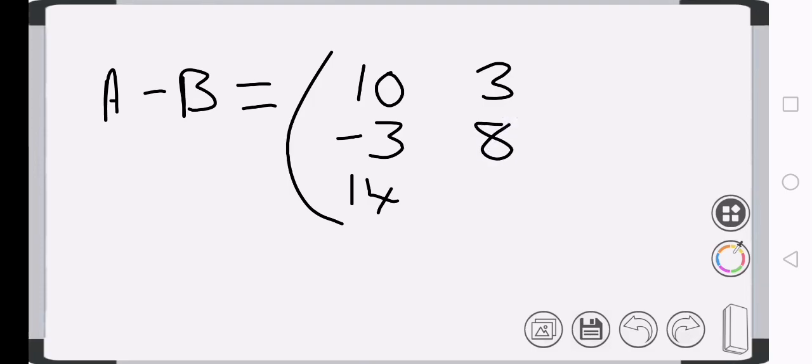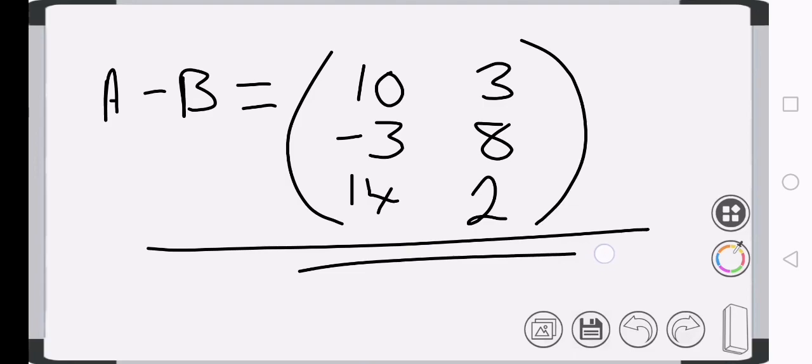And -2 minus -4 is equal to 2. And that's how we add and subtract matrices. Matrices are quite simple. They are not difficult. In our next video, we'll deal with multiplication of matrices.